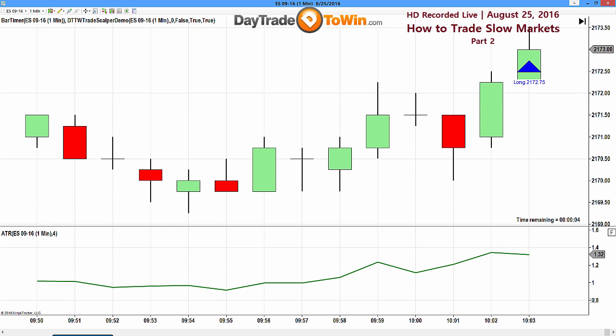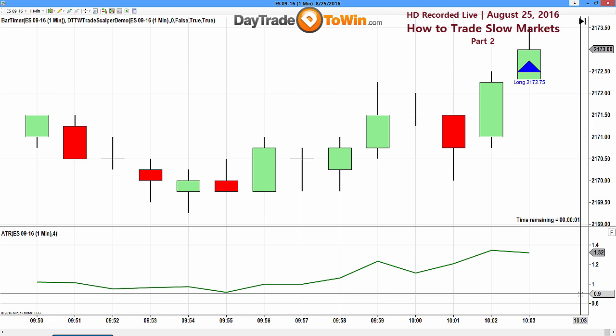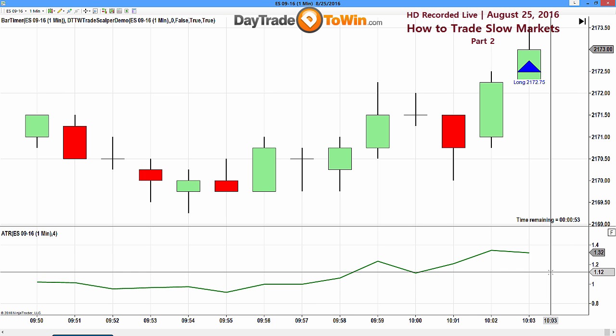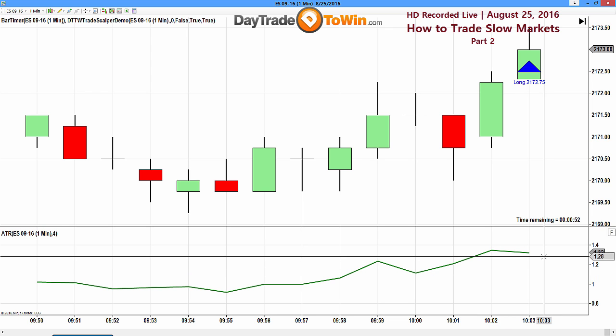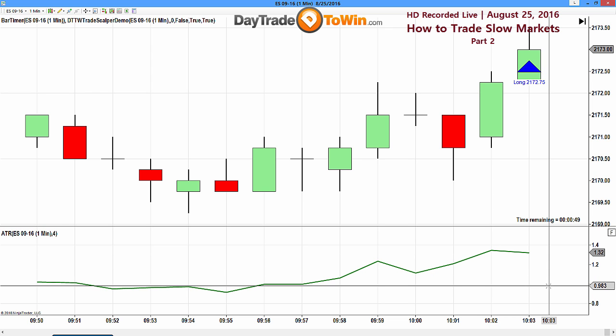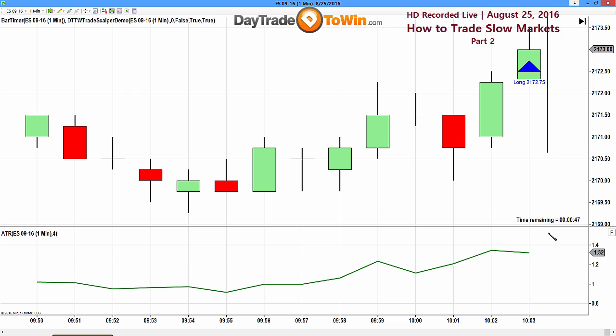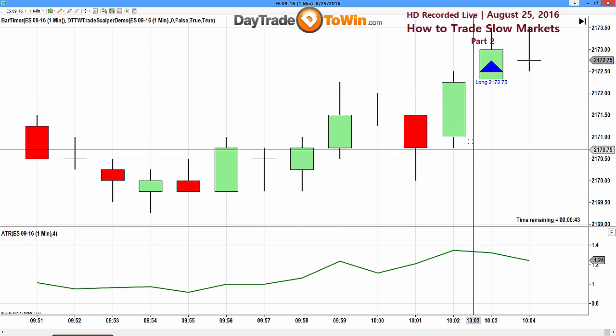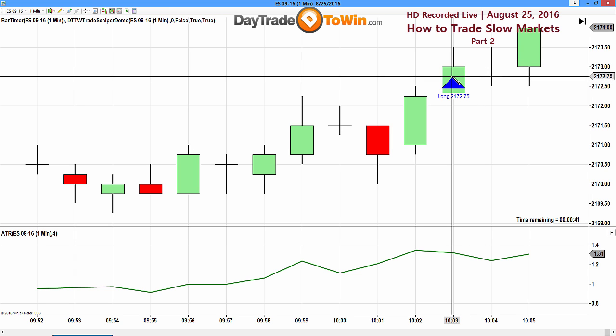So what does that mean as far as scalping? It means that I can comfortably expect 3 ticks, 4 ticks out of this market. I recommend 3 ticks, and I'm not even pushing it to 1 times the ATR. But 3 ticks and a 6 tick stop is how you would manage this trade. So 21.72.75, the fill would be right here.